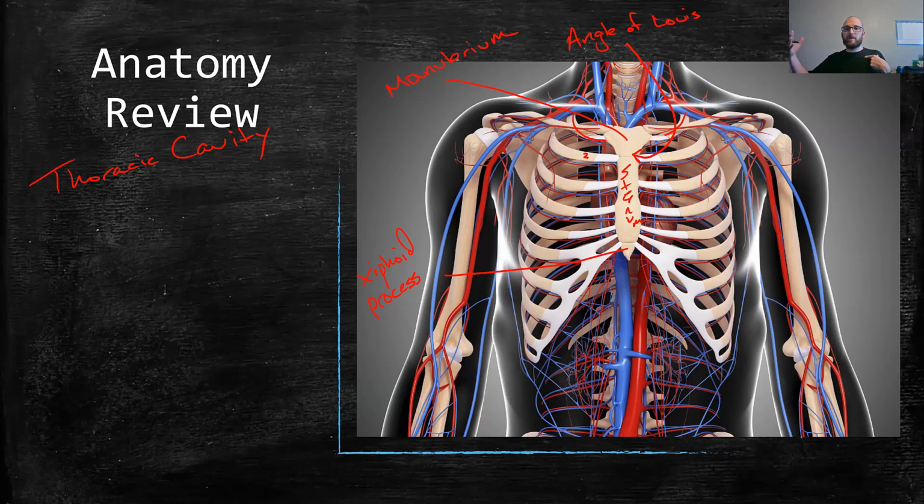That's pertinent when we come to talking about needle decompression or anything like that, where we have to find our intercostal spaces and figure out which intercostal space we're actually feeling. So keeping in mind that the clavicle really masks the first rib, when we drop down, that angle of Louis, that notch there, is where the second rib comes into play.